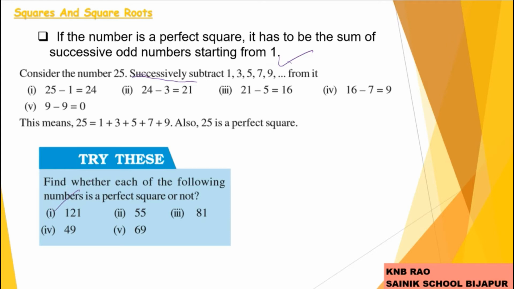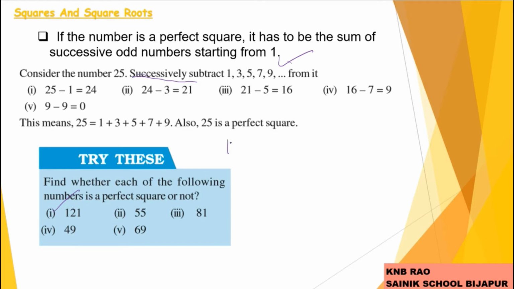121 is a perfect square because 1 subtracted from it gives 120, 120 minus 3 gives 117, and so on. You might have done that. Let me explain only those numbers which are not perfect squares.